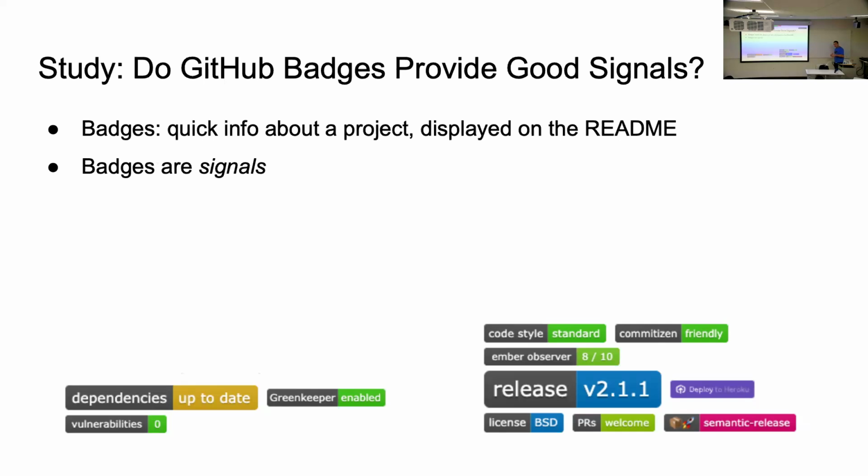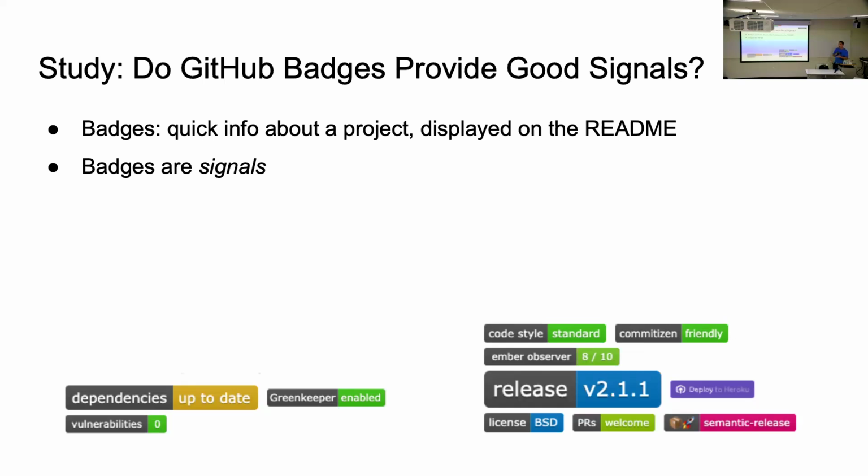So I don't know if you guys remember, I'm pretty sure we went over signal theory in this class at some point, and it talked about how certain information provides people with signals. I'm not going to go into detail about signal theory, but one of the important distinctions is there's surface level signals. They're very cheap to produce. They don't necessarily tell you anything interesting about your project.